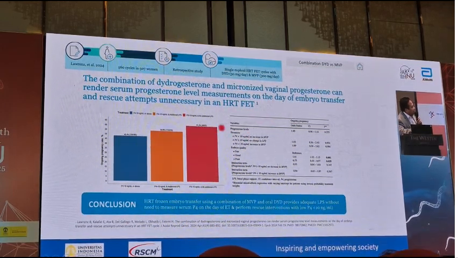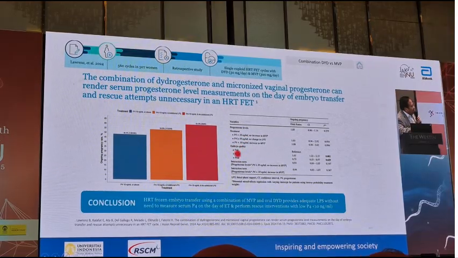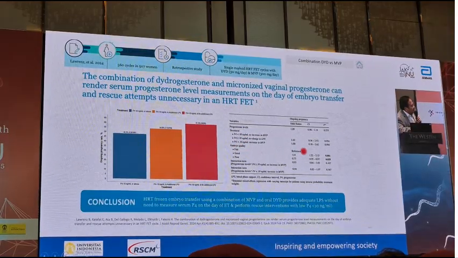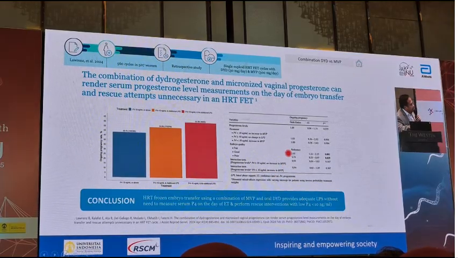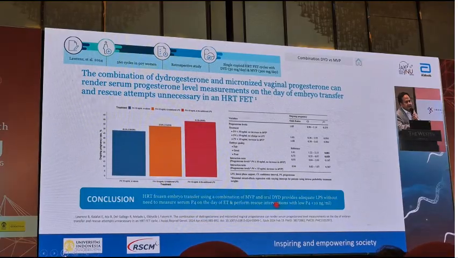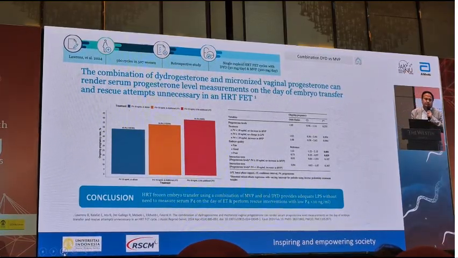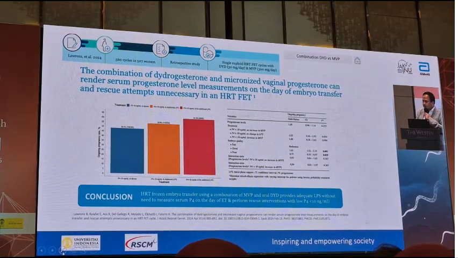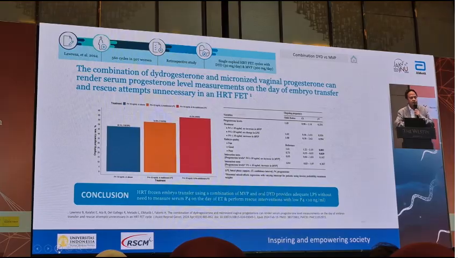I think no matter whether the serum progesterone is below or more than 10 nanogram per milliliter on the day of the frozen embryo transfer or 1 day before, there is no significant difference in ongoing pregnancy rate. I think the combination of dydrogesterone with micronized vaginal progesterone to rescue the serum progesterone before we do frozen embryo transfer is very important.